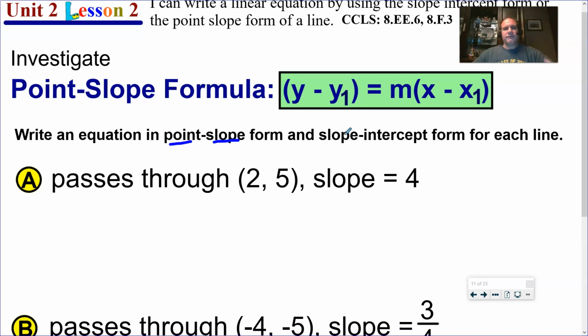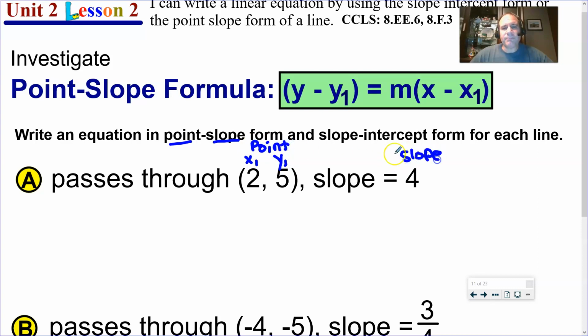So I'll do the first one with you and we'll take you through. It is not that difficult. Remember, this is the x, so 2, we're going to label that x1. And this is the y. So this is the point. And this is the slope.